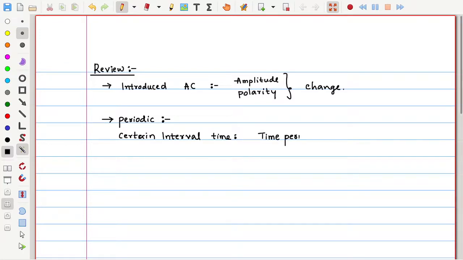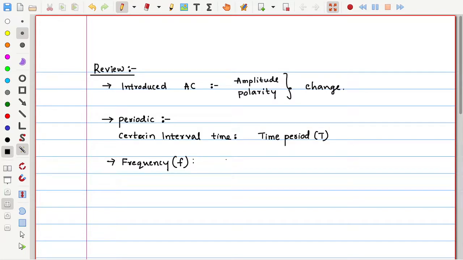Time period we usually represent by the capital letter T. And one more important word we introduced, which is frequency, usually represented by the small case letter f.